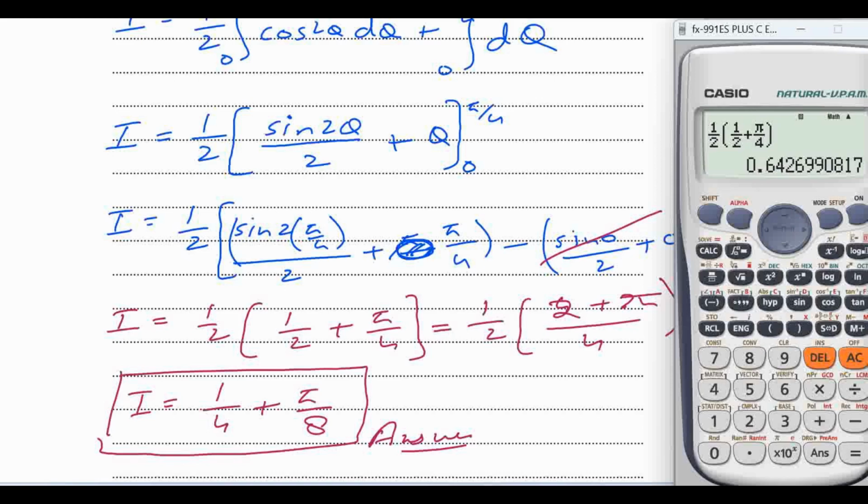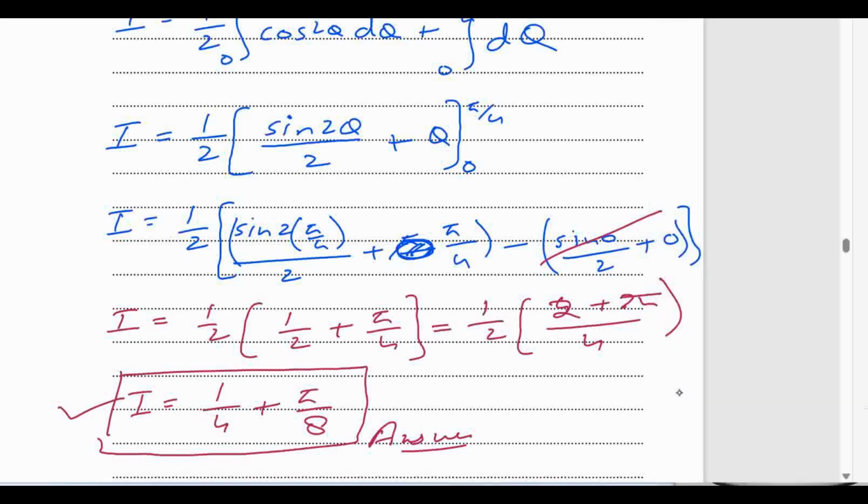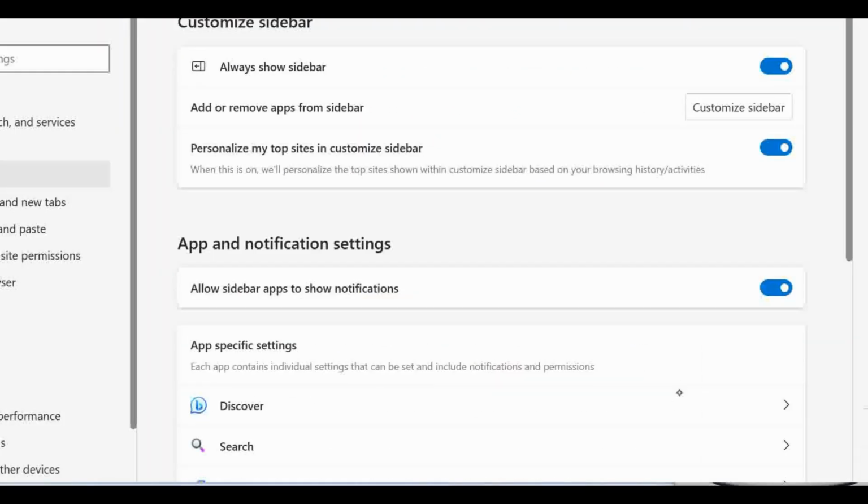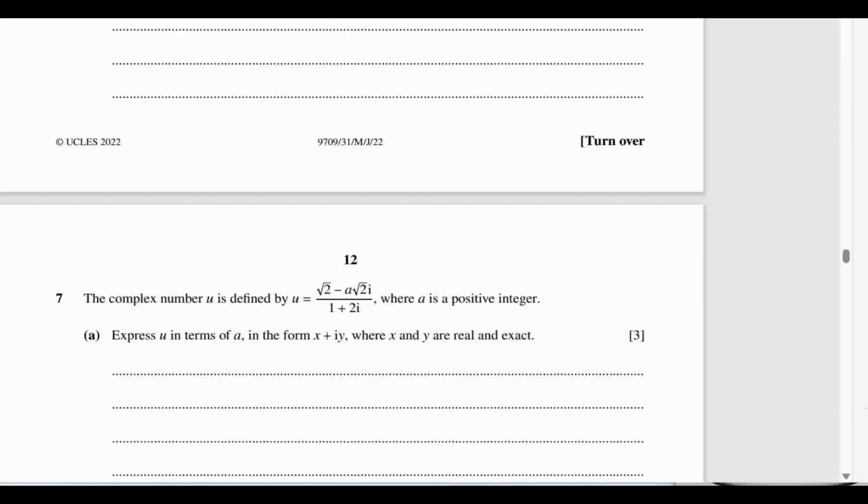Now we can see that if this were exactly 0.42 we could have written it, but this should be the final answer. We don't need to convert it into a decimal number. I hope that the concept is clear.